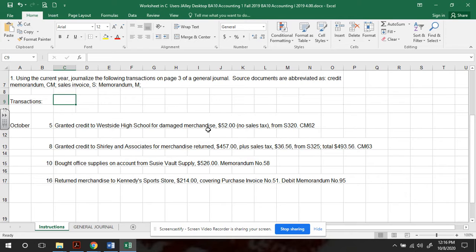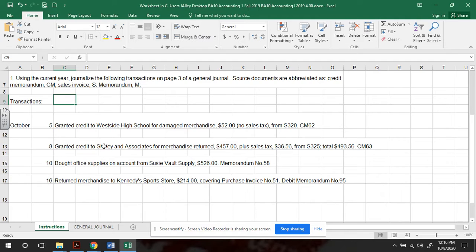Now, at that point, we're going to send it back to the manufacturer or whoever if it was their fault, or if it was our fault, we're going to fix it and then try to sell it again. But this damaged merchandise, we have to give credit back to Westside. They don't want to pay for this. They're going to return it to us, and then we take it out of what they owe us.